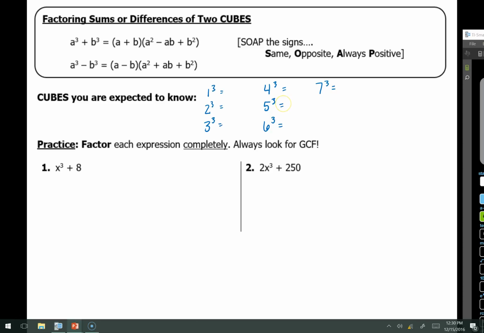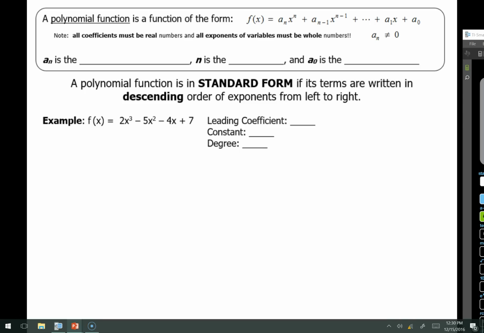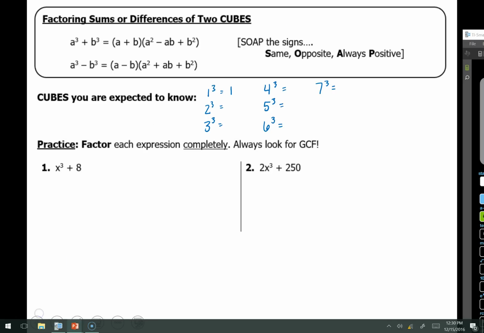So let's go through these and make sure you've got them. 1 raised to any power is just 1. 2 cubed is 8. 3 cubed is 27. 4 cubed is 64. 5 cubed is 125. 6 cubed is 216. And 7 cubed is 343.